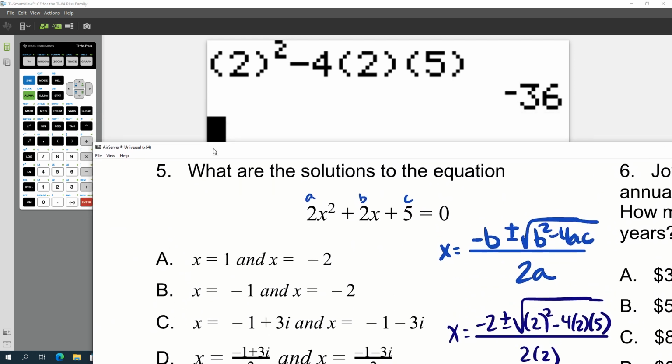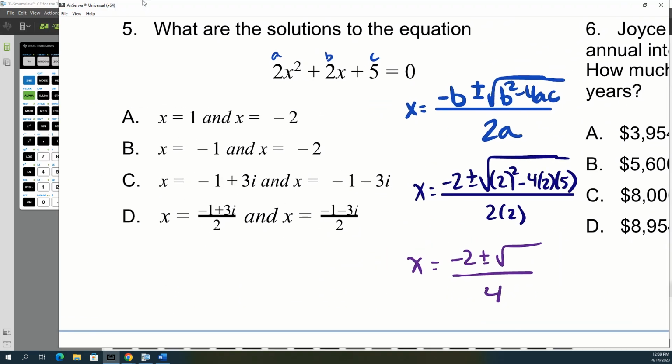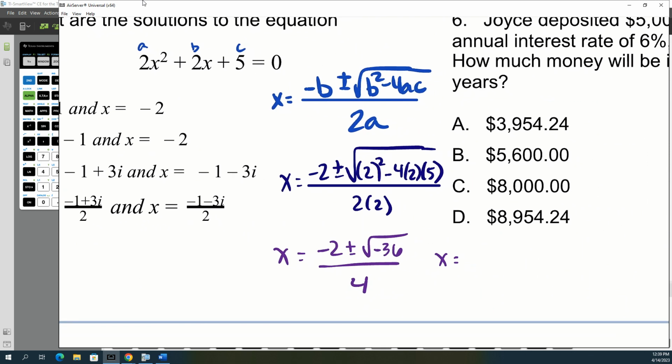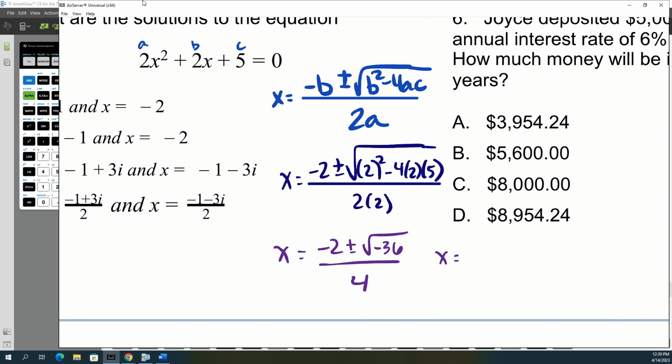That's going to be negative 36 underneath the square root. So what is the square root of negative 36? Do you remember? Square root of a negative is always going to give you an i. So the square root of negative 36 is going to be 6i.